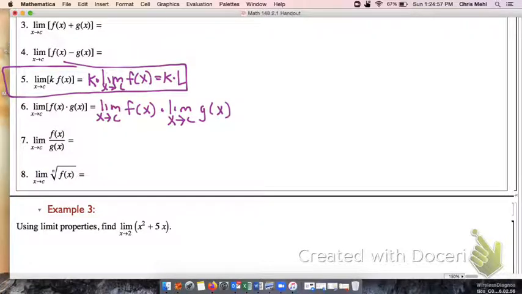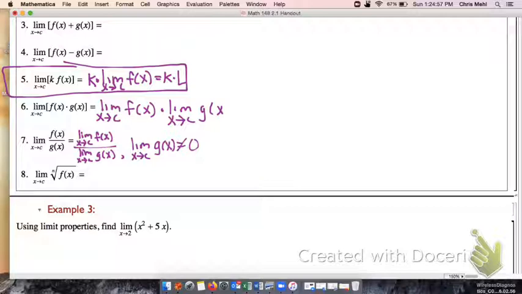The limit of a quotient. This one is pretty not surprising: you can take the limit of the numerator divided by the limit of the denominator, but this only works when the limit as x approaches c of g of x is non-zero.